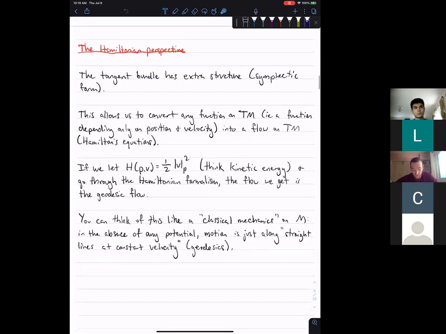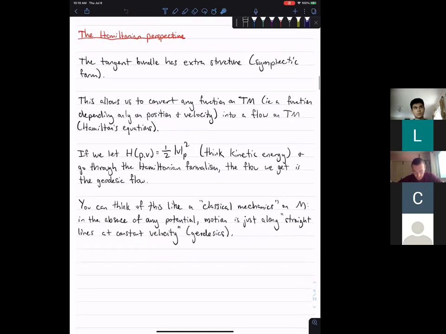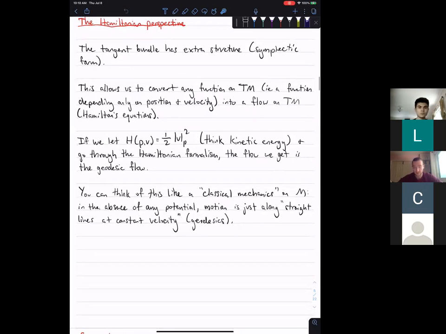And if you go through all of this Hamiltonian formalism, you get a flow. What flow do you get? You get the geodesic flow. And in a lot of ways, this is very much like what happens in classical mechanics. Essentially, we're almost constructing a classical mechanics on the manifold. It's like saying in the absence of any potential energy, so here this only has a kinetic piece, then motion is just straight lines at constant velocity, namely move along geodesics.